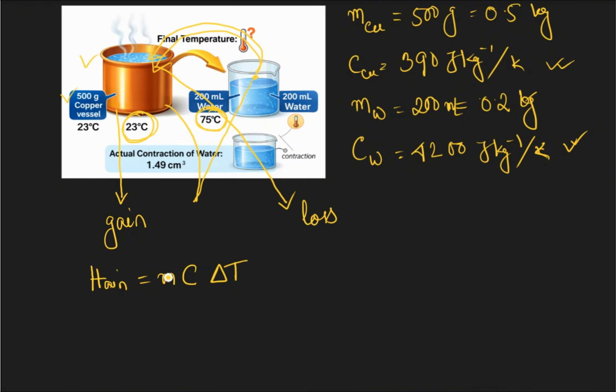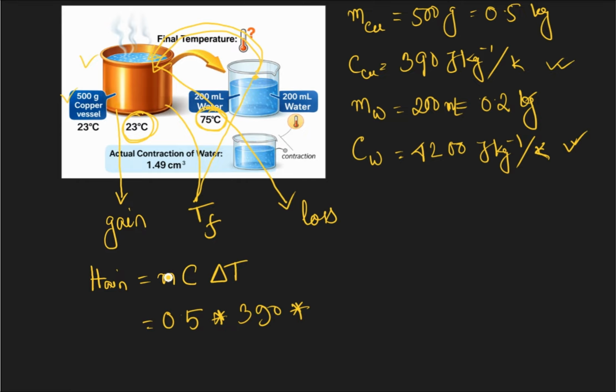So let's say the final temperature is Tf. Indeed, the mass of copper is 0.5 and value of C of copper is 390.